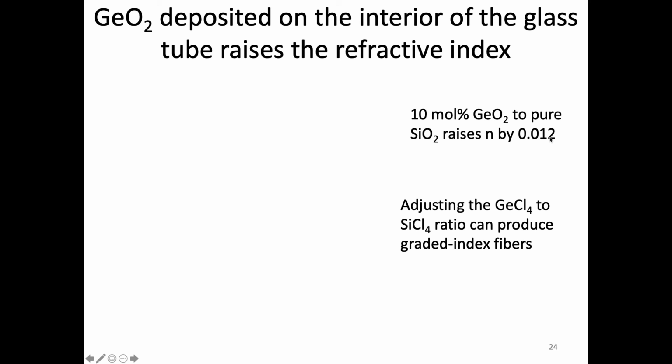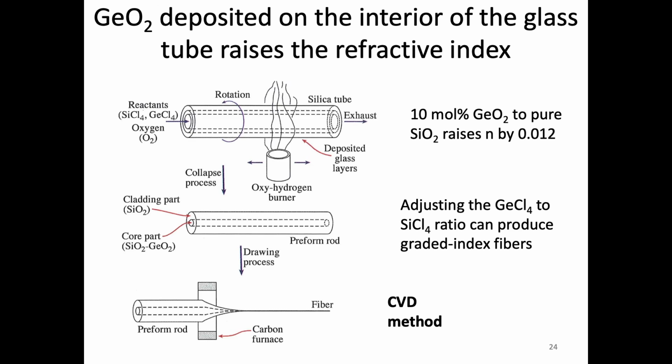Doesn't sound like a lot, but we don't need a lot of change here. And so that's what gives us the different grades of refractive index fibers in the middle of those fibers. And so that's what gives us these properties that we want in these fiber optics.